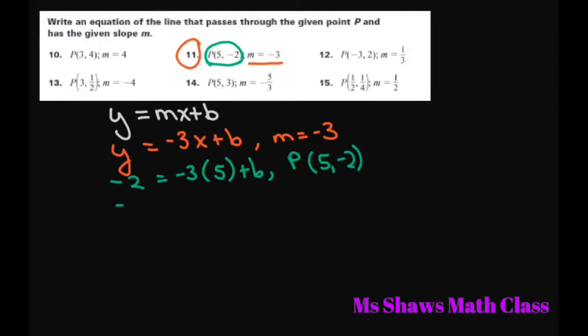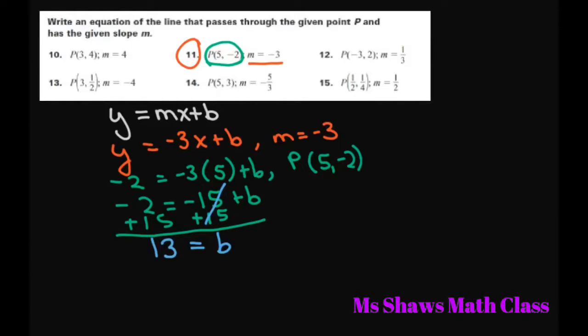So I'm going to simplify this and add 15 to both sides to solve for b. So that's going to be 0. So b equals 13.